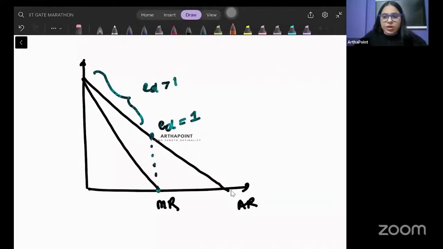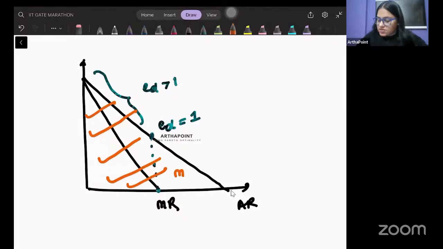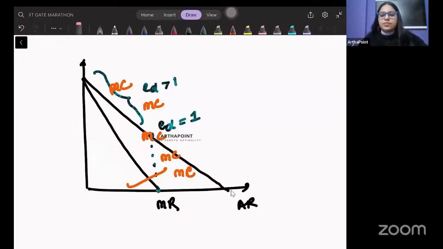Now, where do I find equilibrium level of output? Where I will have an intersection of MR and MC curve. So my MC curve will intersect MR curve somewhere here. यहाँ हो सकता है, यहाँ हो सकता है, यही कहीं MC curve रहा होगा, somewhere here. Let's say we take the lowest MC curve possible. I take this MC curve.